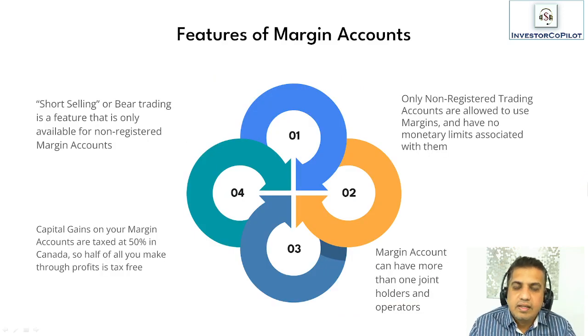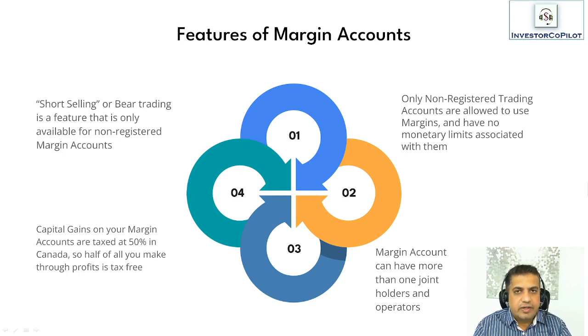Now, let's look at some of the important features of margin accounts as well. Short selling or bear trading, first of all, is a feature that is only available for non-registered margin accounts. Short selling is something we will look at later on, but this is available for only non-registered Canadian margin accounts.